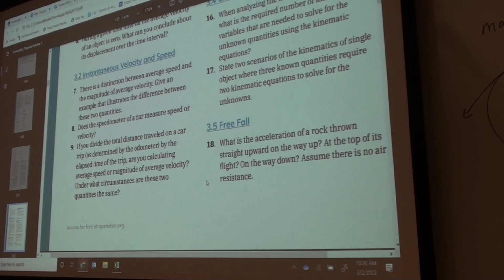What I'm saying is that once it reaches the top, because of gravity, it's going to be negative 9.8. But when you throw it up, the initial acceleration has to be greater, to compensate. It doesn't necessarily have to be 9.8.